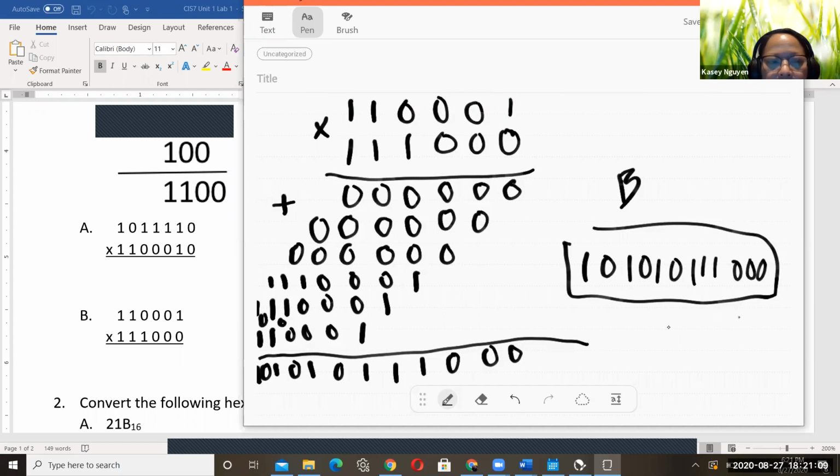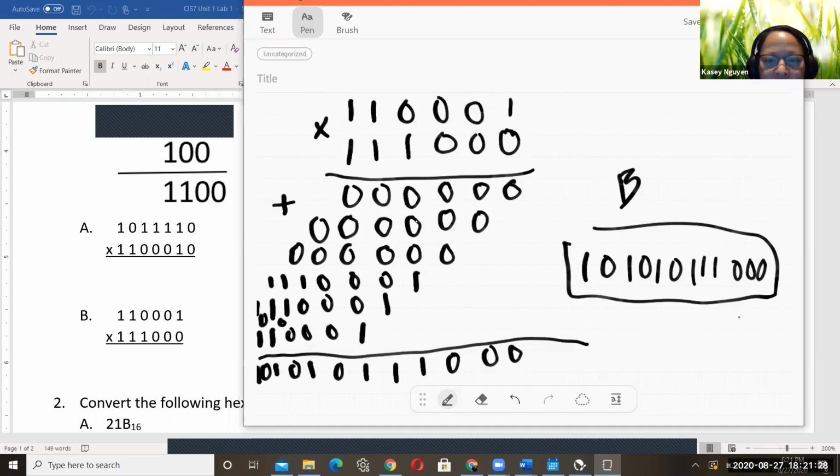Okay, so we have a little bit of practice with 1A in lab 1 doing multiplication. The same technique applies as in decimal, but in binary, you only have 2 numbers to deal with.